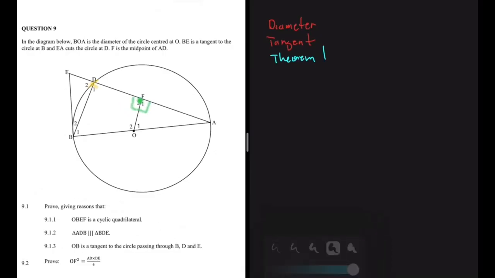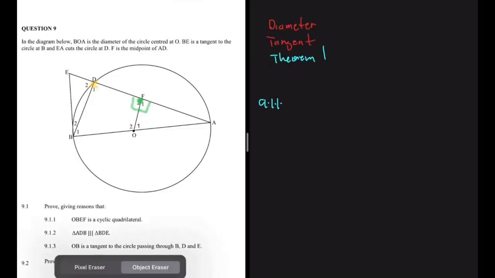We have 9.1.1, which says let's prove, given reasons, that OBEF is a cyclic quadrilateral. So let me just highlight OBEF. So here's OB, and then we have EF, and this should be a cyclic quadrilateral.